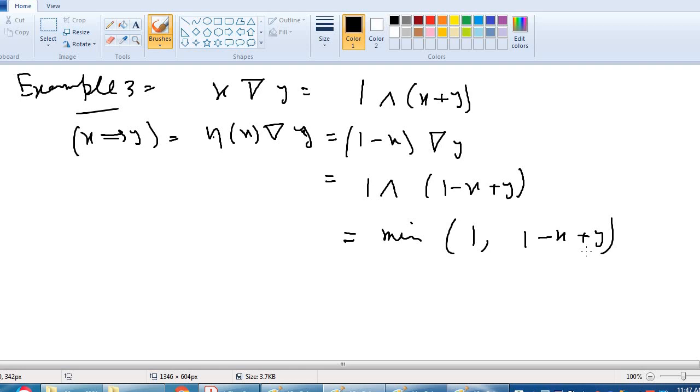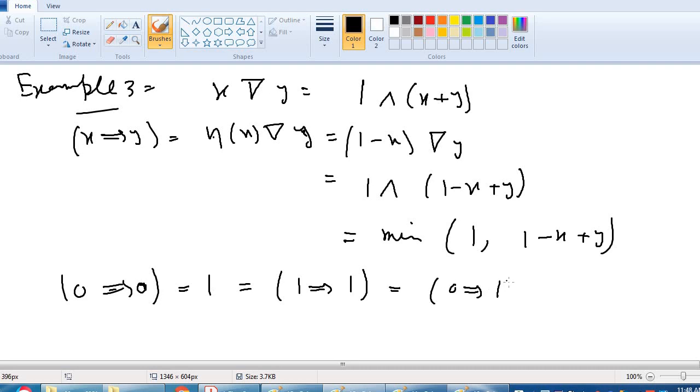Similarly, if we apply this nabla on 0 and 1, we will get again the same table. We will see that 0 nabla implication 0 is 1. We apply this formula here, you can do it, it is very simple. And 1 nabla implication 1 is again 1, and similarly 0 nabla implication 1 is again 1.